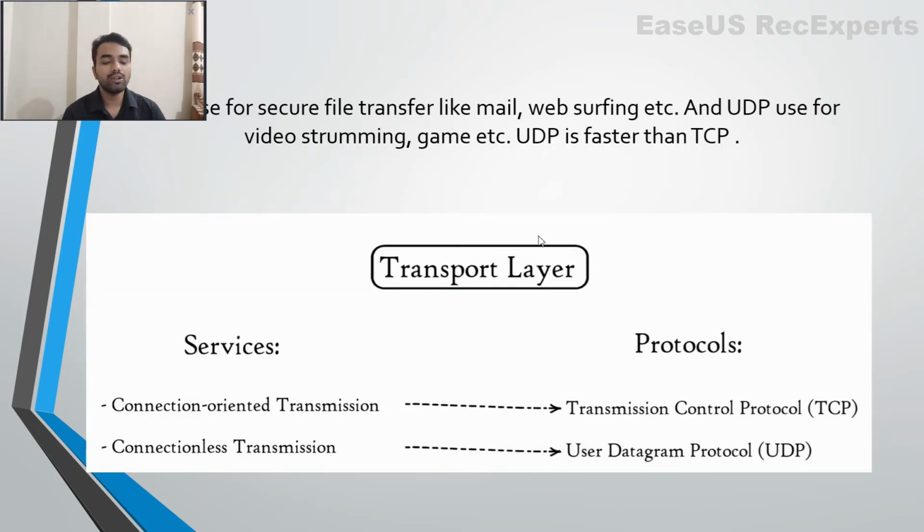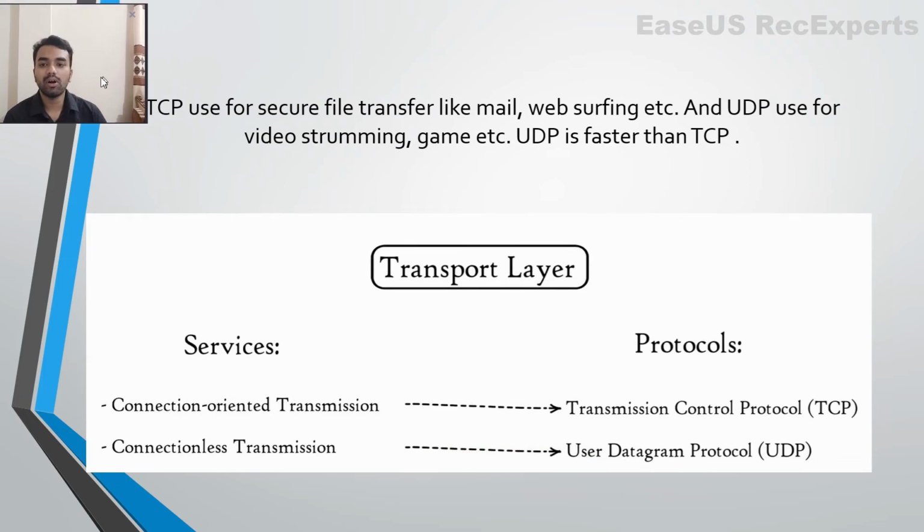The transport layer also maintains the TCP and UDP protocols. So what is TCP? TCP is the Transmission Control Protocol and UDP is the User Datagram Protocol.